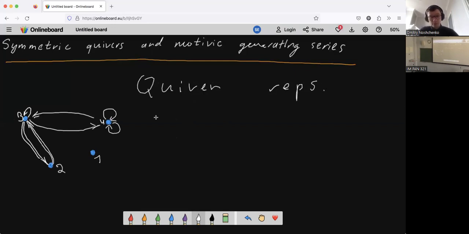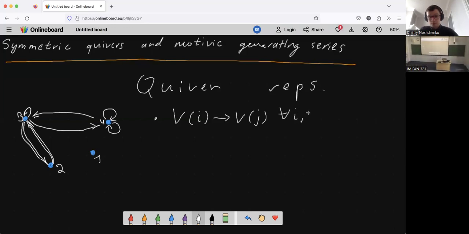So a representation would be a collection of objects like this. We have vector space Vi and the map to Vj, for every i, j which belong to the set of quiver nodes, and the set of quiver nodes we usually denote by Q0. And the set of arrows we denote by Q1.